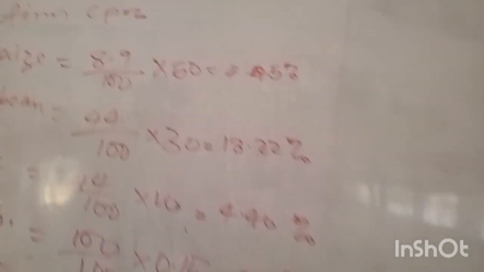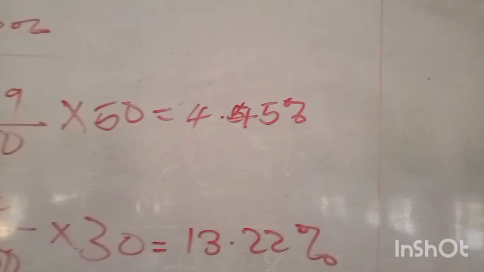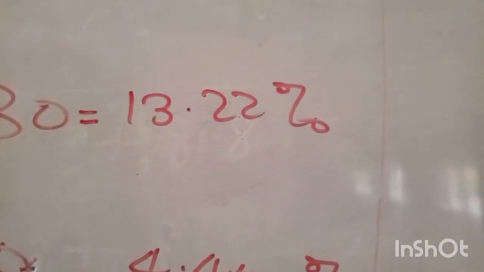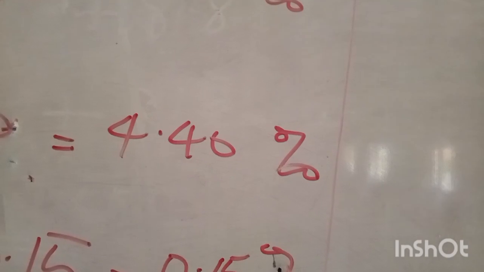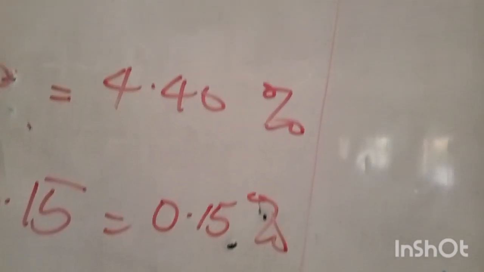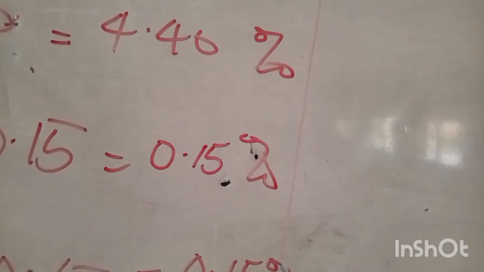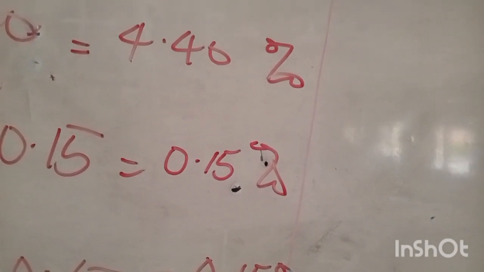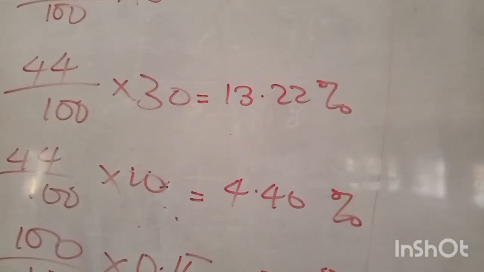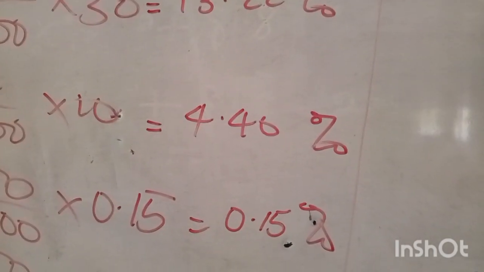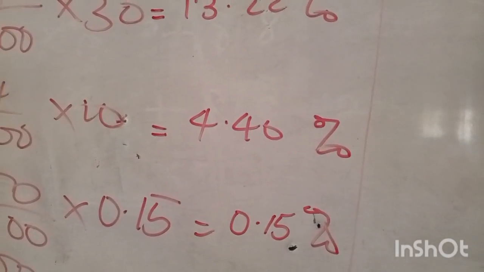So we have 4.45 plus 13.22 plus 4.40 plus 0.15 plus 0.15.